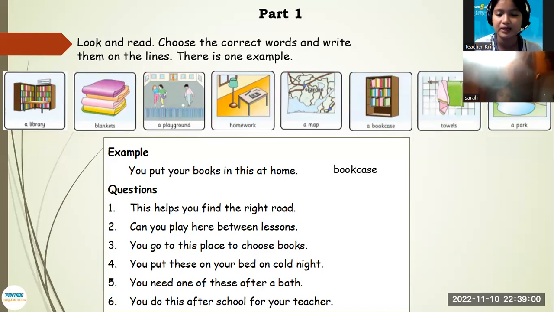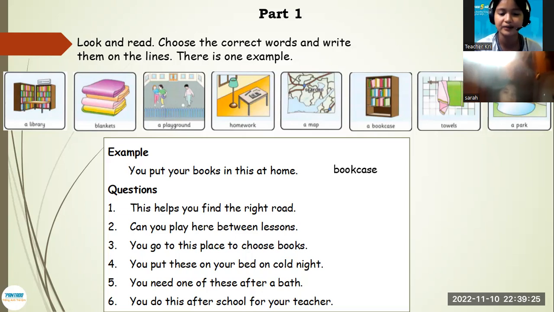A library. Okay, please repeat after me. Let's read the words in the boxes. Okay, let's have the first one. A library. Library. Blankets. Blanket.